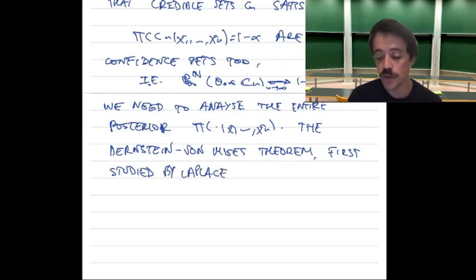And well, he was looking at precisely cases where you have this conjugacy, so you could analyze things, but he was the first to realize this connection. Well, not even a connection, but I was going to talk about frequentist statistics, but that didn't really exist, at least not as established as it did in the 20th century after Fisher.